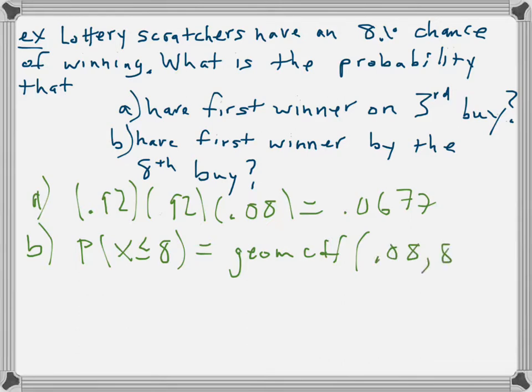Probability of success is 0.08, and we're looking to do this in 8 trials. And I got a smashing number of not even quite 50%, but pretty close. Round that last number up, 48.68%.